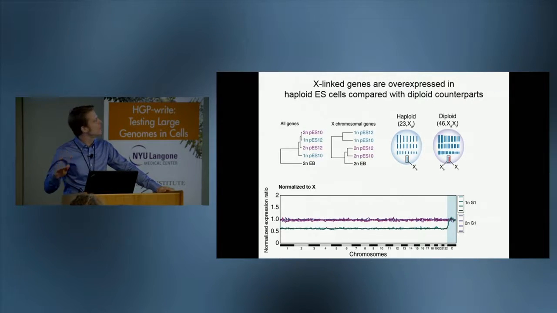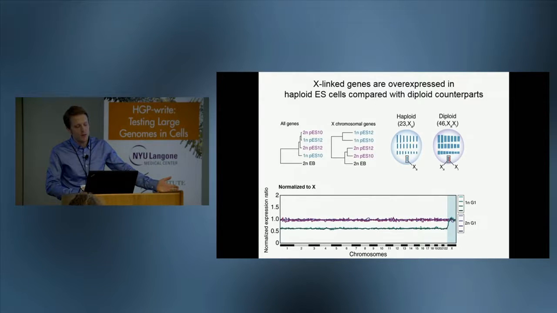There's only very few differences between haploid cells and diploid cells, surprisingly. They cluster in terms of gene expression, but of course they have one X chromosome. In human embryonic stem cells, they often inactivate one X, and that means the ratio of X to autosome, which is what shows here, that would be the exome in gene expression, is 1 to 2, so 2 autosomes to 1 X chromosome in those X-inactivated diploid cells, while haploid cells have an active X chromosome, and the ratio is 1 to 1.